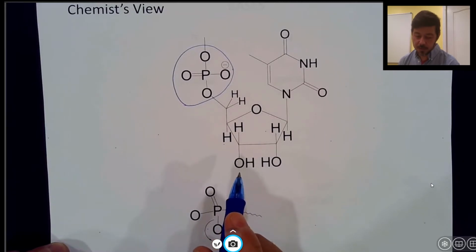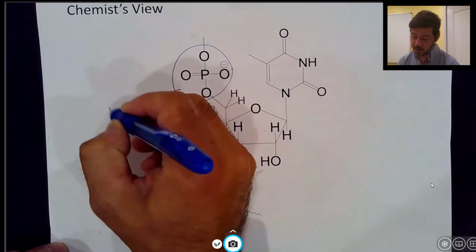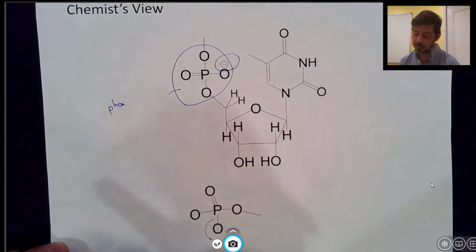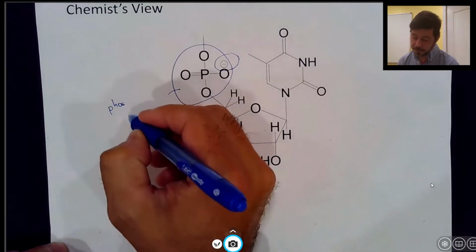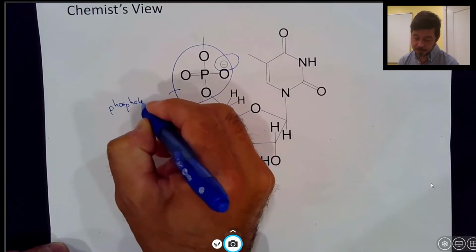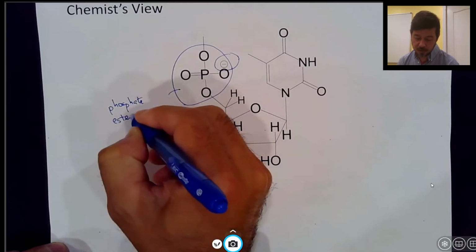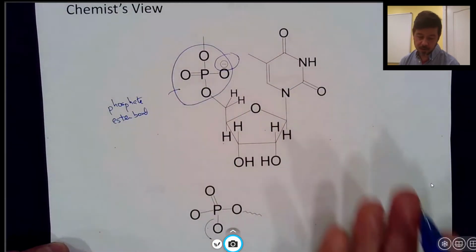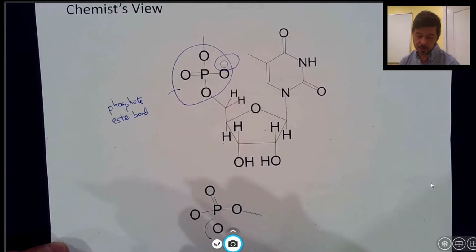What's important about this phosphate ester bond is that it is an overall negative charge functional group on the molecule. The negative charge is placed between the different nucleosides. So your overall charge on DNA is going to be very negative, a polyanionic structure.